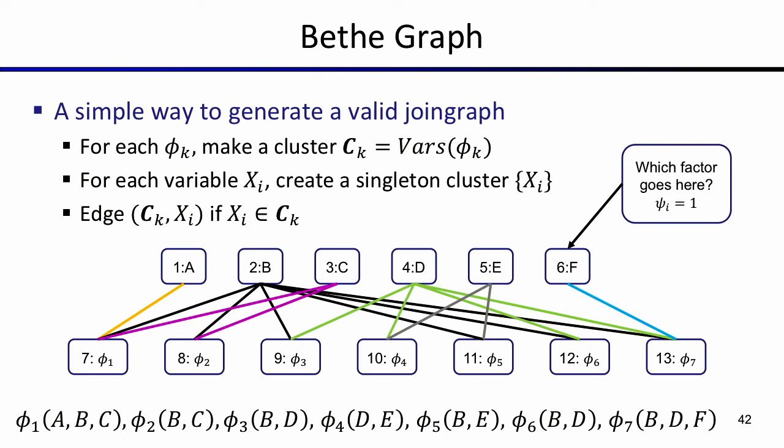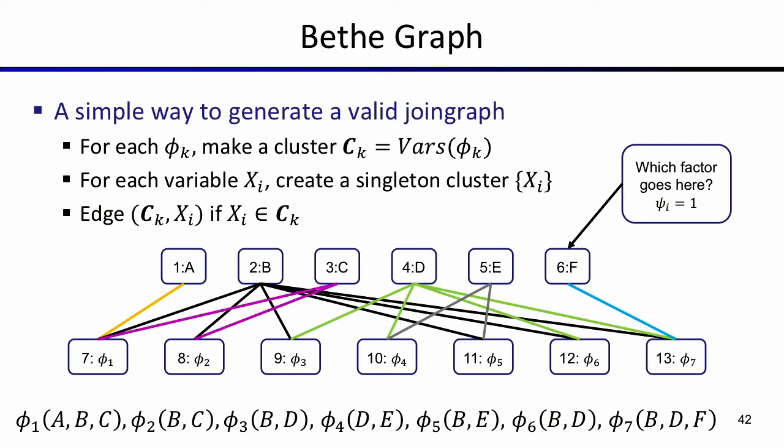So in this case, we're going to have two classes of clusters. We have the large clusters: there is one cluster for each factor that we have in the network. And we have also the small clusters, one for each variable that we have in the network. I'm going to have a connection between these two clusters if the variable appears in the factor.